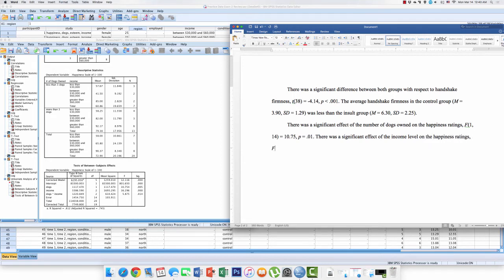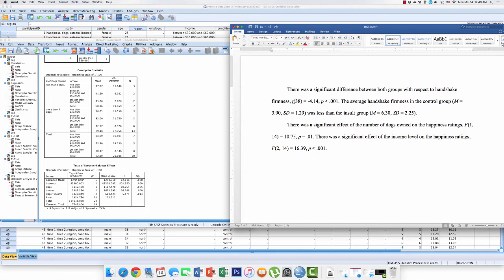And then F 2 comma 14 is 16.30, and the P is less than 0.001. So since all of these p's are less than 0.05, they're all significant.